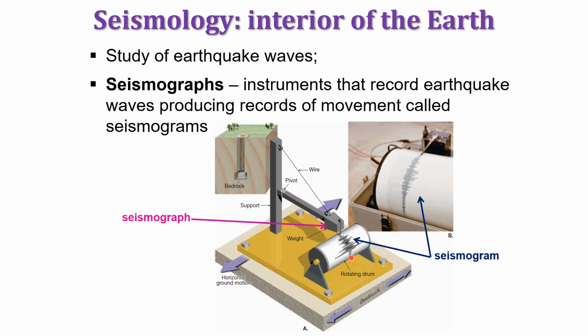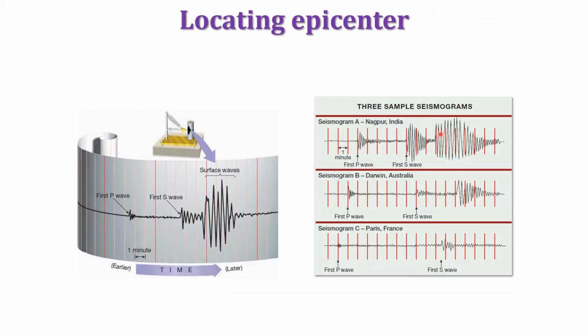So take note that the instrument is called seismograph, whereas the graph itself is what we call the seismogram. So instrument is seismograph, yung graph ng earthquake or ng waves over here is what we call the seismogram.